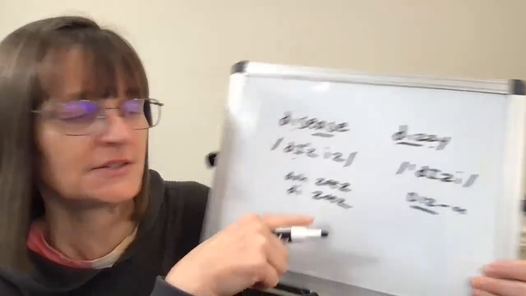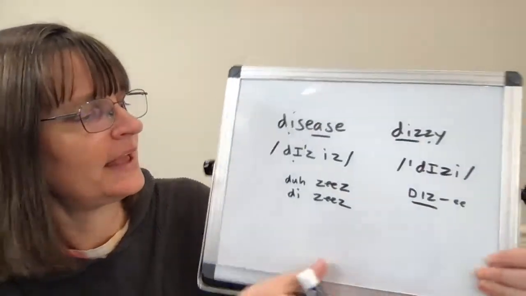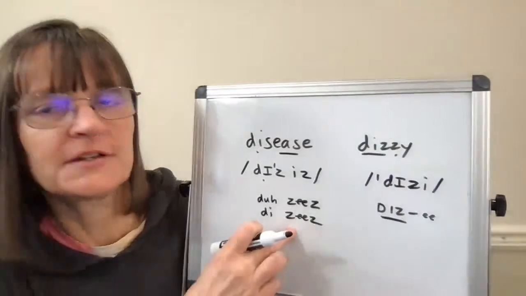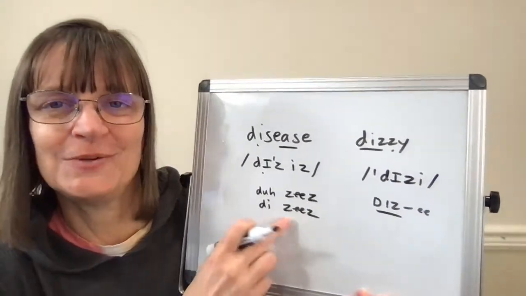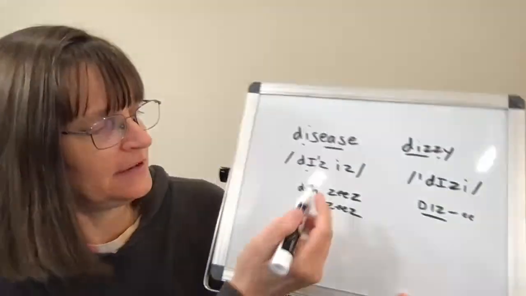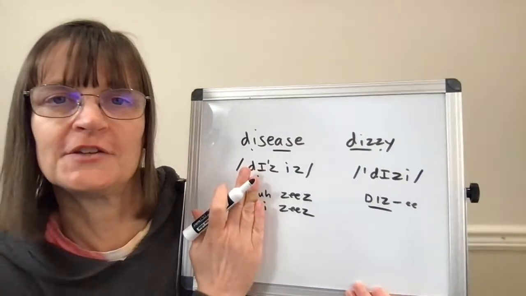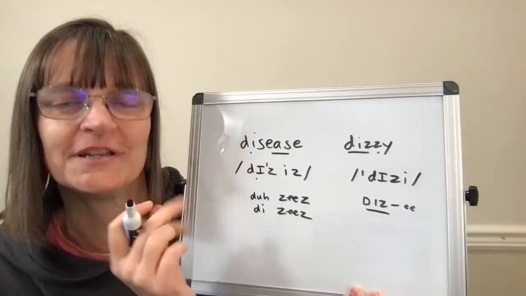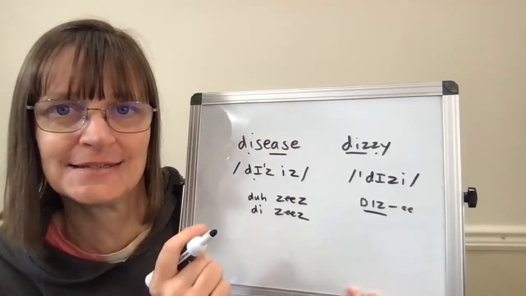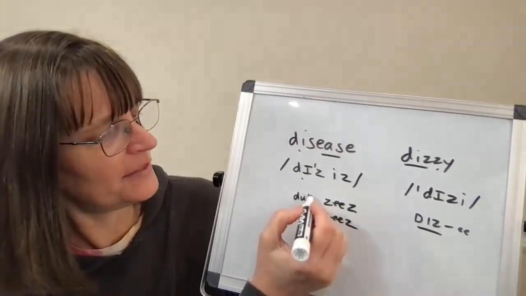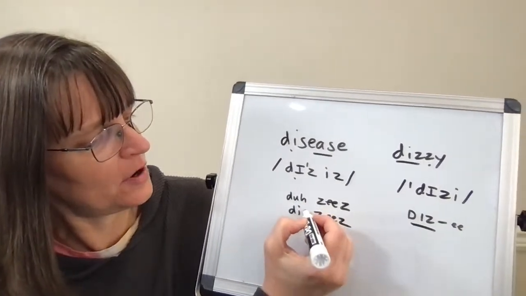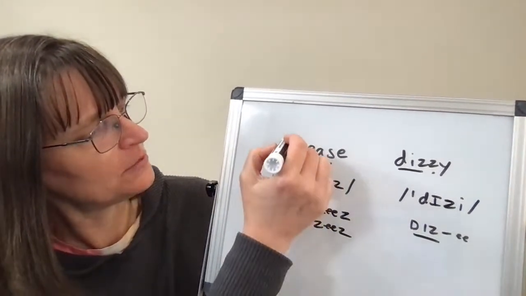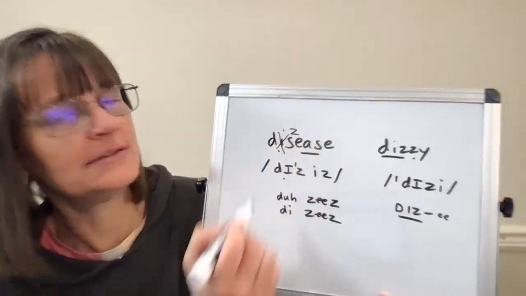Disease, and dizzy. For words that have second syllable stress, one way to get that rhythm right is to leave that first syllable off. Just try saying Z's and then add a little short di. Z's, disease, disease. That's why the vowel doesn't matter so much, because I'm almost doing it just with no vowel, like disease.